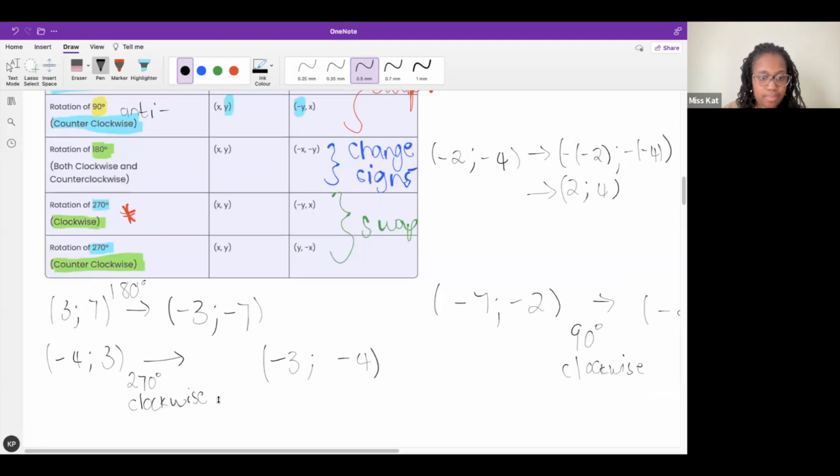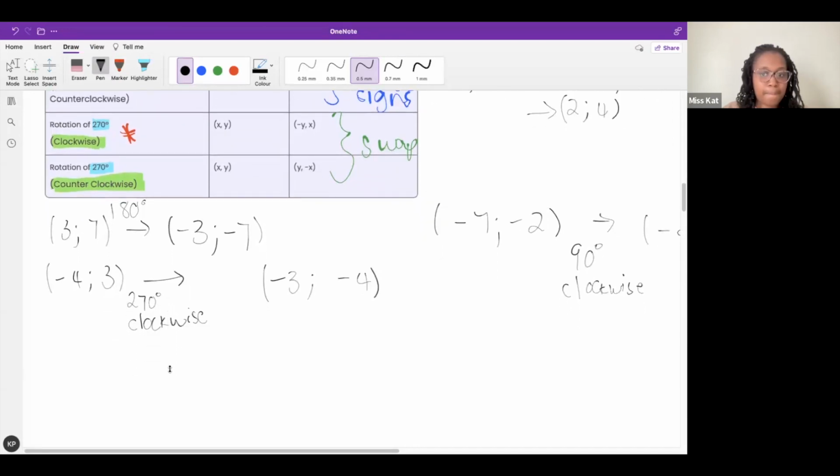And then on the clockwise, 270. Okay, so I want to find out whether, if ever there's a question where both of them are negative and we have to apply the rule, do we still take out the negative sign on the one that needs a positive, or do we just leave it that way because that's how the question came out?